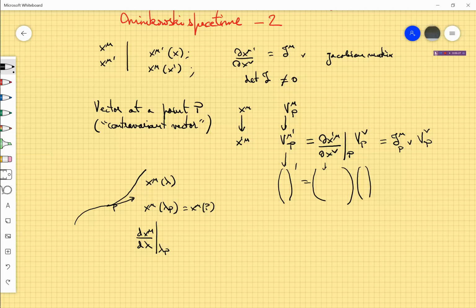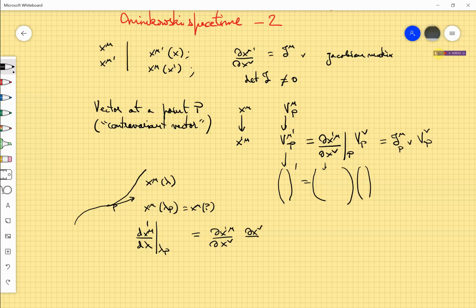Now, does it satisfy this definition of contravariant vector? Well, we just have to express this in the primed coordinate system, and use the chain rule. So the chain rule tells us that this is going to be this.